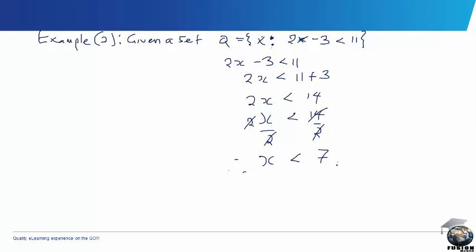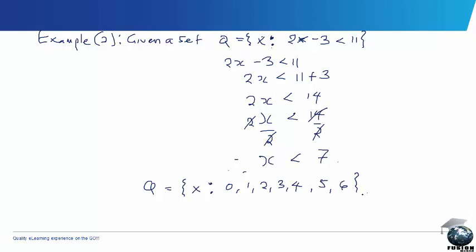So Q is such that x, the elements, are integers less than 7, and integers less than 7 include 0, 1, 2, 3, 4, 5, and 6.